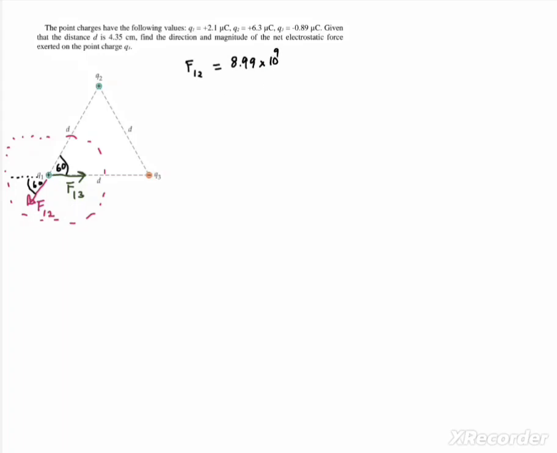I'm not going to write down the units here. And then we have 2.1 times 10 to the negative 6, because micro here is microcoulombs, that is 10 to the negative 6. And then we have 6.3 times 10 to the negative 6 coulombs, and then divided by the distance between 1 and 2.